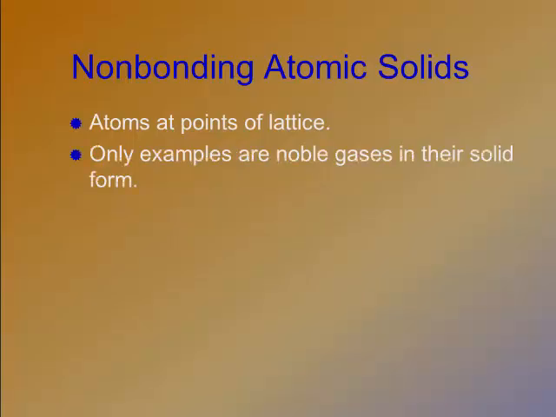Some nonmetal elements form what are called non-bonding atomic solids. These have individual atoms at the points of the lattice. In truth, the only examples of non-bonding atomic solids are the noble gases in their solid form. What is the only force of attraction that can exist between atoms?